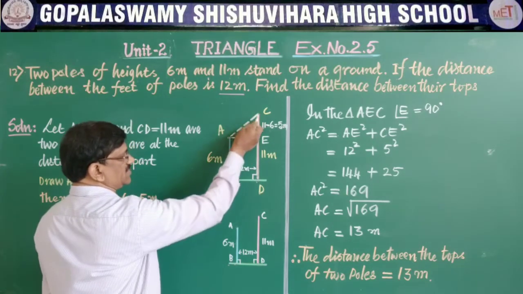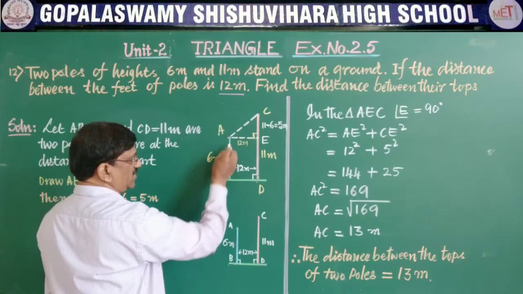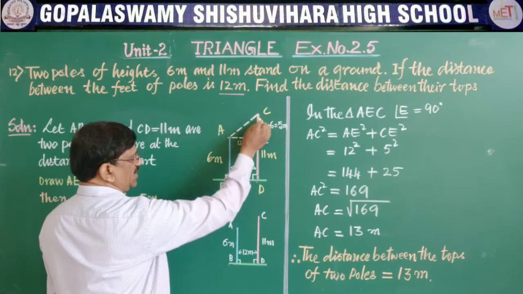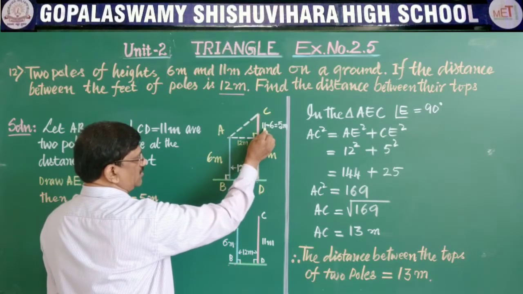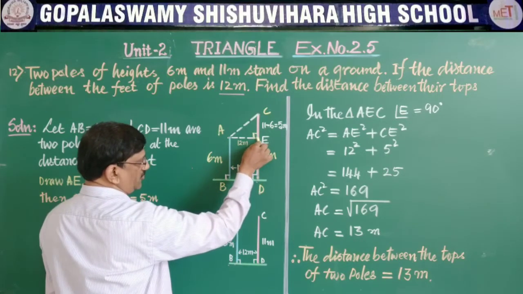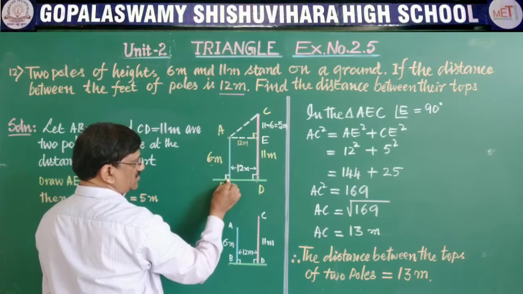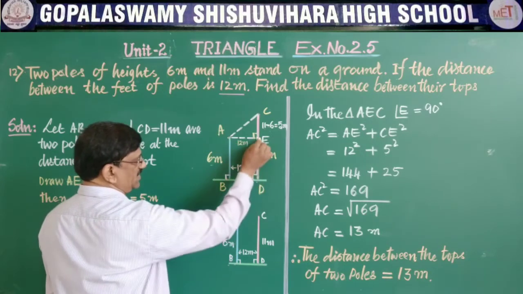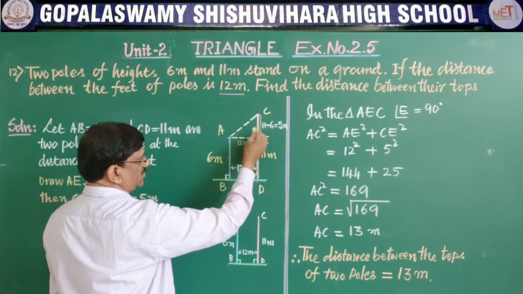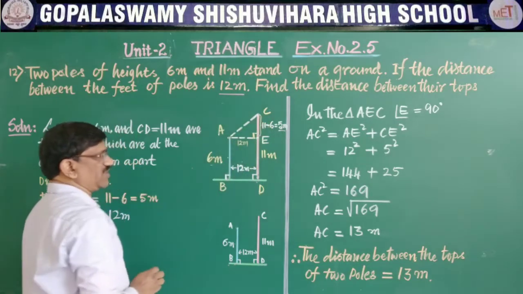The length of CE is the extra length with respect to AB. So CE is equal to the total length 11 meters, out of which you take away 6 meters, because AB is equal to DE. How much remains here? That is nothing but 5 meters. That is, CE is equal to 5 meters.